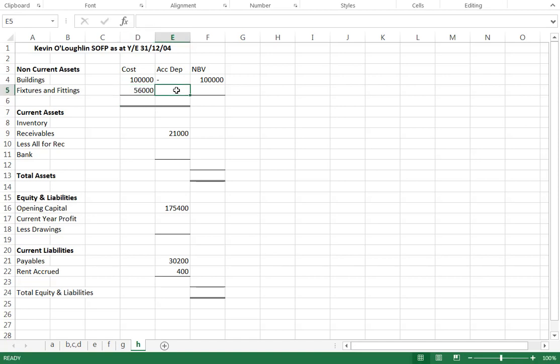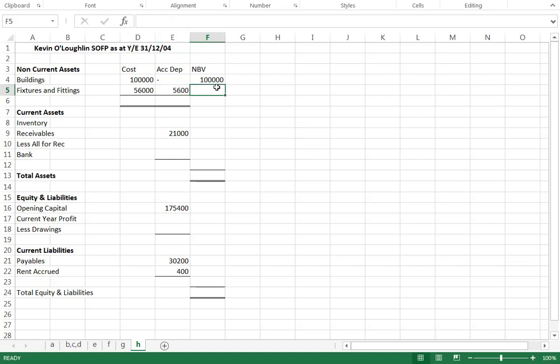They tell us that it's 10%. So in part 8 there, they tell us that it's 10% using the reducing balance method. So 56 was the balance that we had as an opening figure, net book value. So our accumulated depreciation we're going to show has been 10% of the net book value from the previous year. Now we don't actually know what the cost of that was, but nonetheless we'll just show that. So it's minus 56.